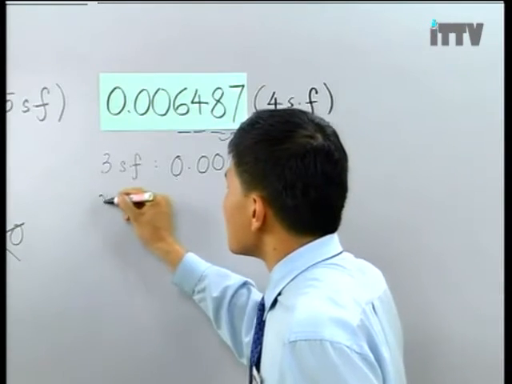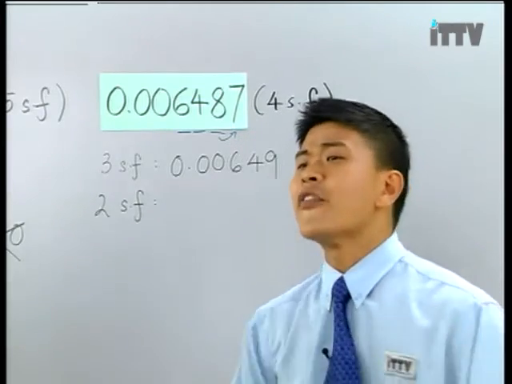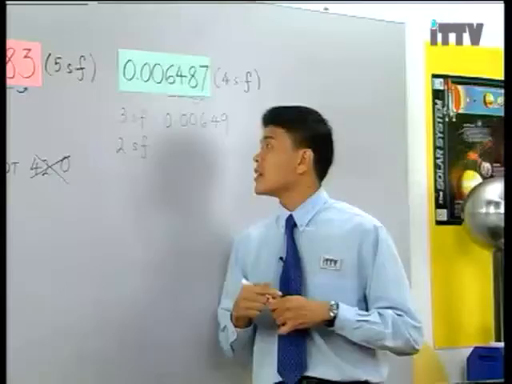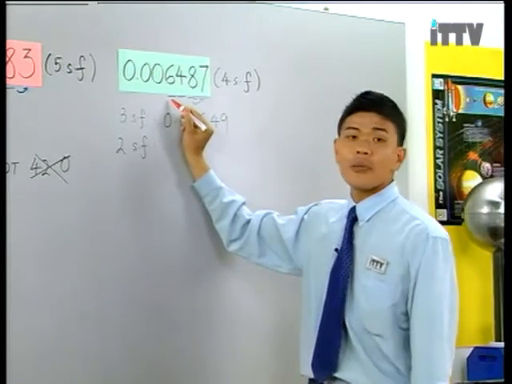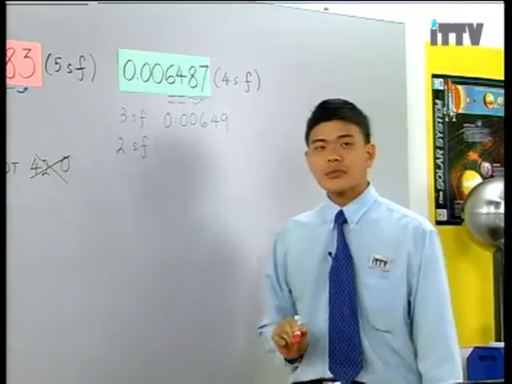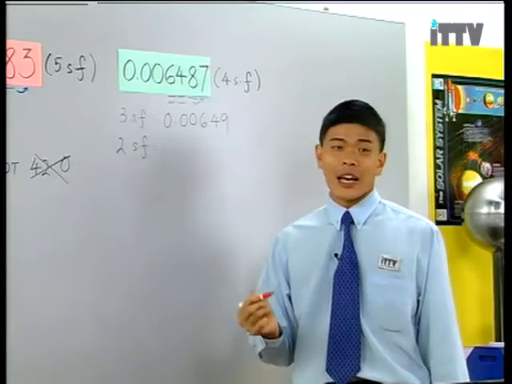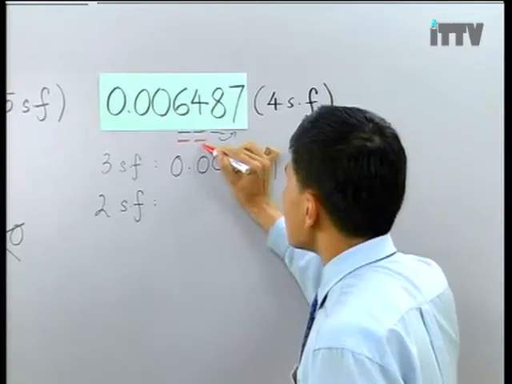If we want to change it to 2 significant figures, underline the first 2 non-zero digits from the left. 1, 2. And look at the next digit on the right of the last significant figure that has been underlined.